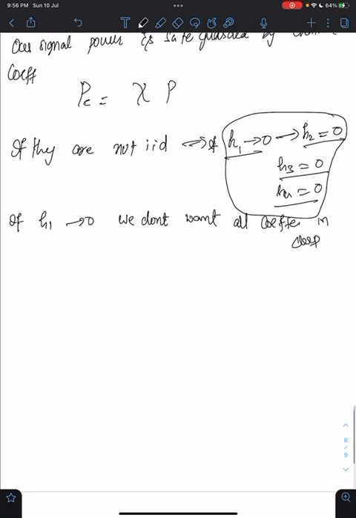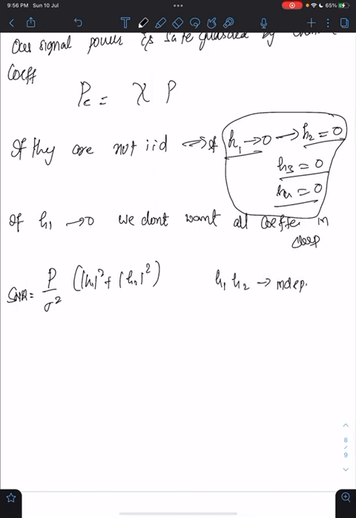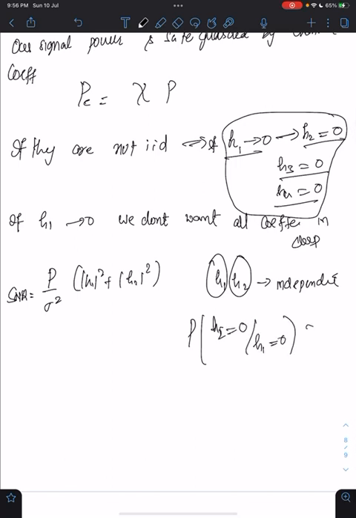Let's assume a scenario where the diversity order is 2: P by sigma square times mod of h1 square plus mod of h2 square. If h1 and h2 are IID, they are independent, which means h1 has nothing to do with h2. The probability of h2 going to 0, given that h1 equals 0, is extremely close to 0.